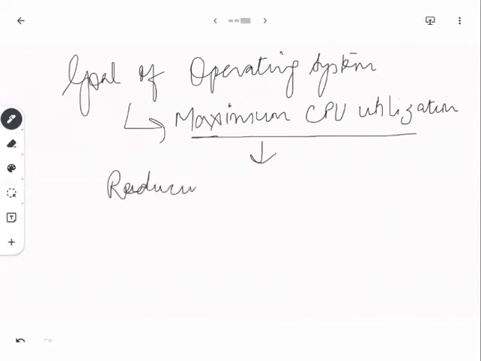We should not keep our CPU idle; we should be doing maximum work in minimum unit of time. So maximum work should be done by the CPU in minimum unit of time. This is the main goal of any operating system, to have maximum CPU utilization. Your CPU should be working all the time. It should not sit idle, right? This is the goal of any operating system.